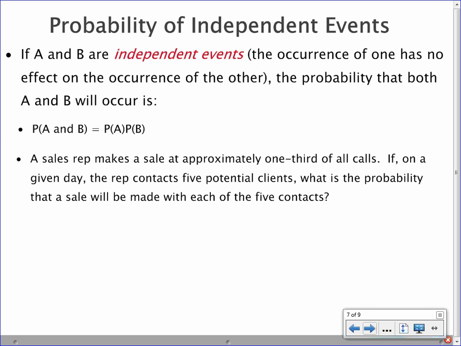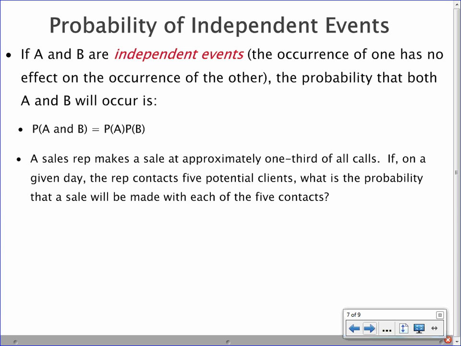A sales rep makes a sale at approximately 1/3 of all calls. If on a given day the rep contacts 5 potential clients, what is the probability that a sale will be made with each of the 5 contacts? Okay? Does her calling Aaron affect the outcome of her calling Carl?